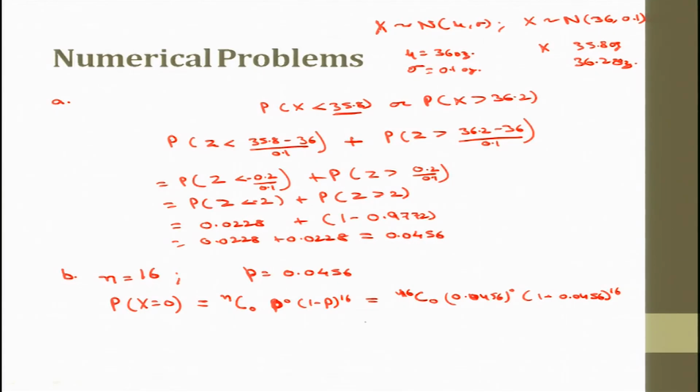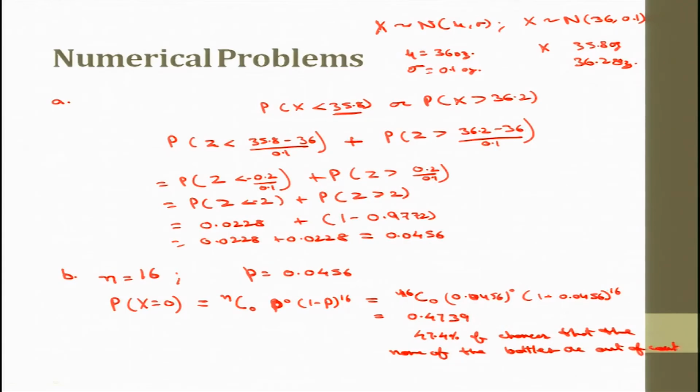Now, if I calculate this value, it comes down to 0.4739, that is, we can say 47.4% chance that none of the bottles are out of control from a sample of 16 bottles.